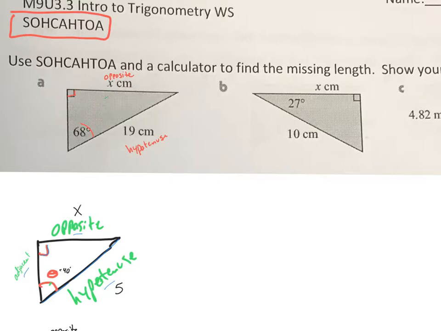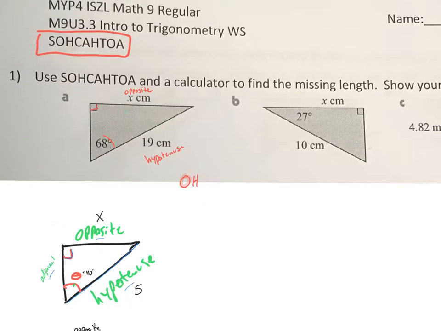So we have the opposite and the hypotenuse, and if we divide the opposite by the hypotenuse, that ratio is going to be the sine. We're going to use the sine of 68. We know it's sine because we're using the acronym SOHCAHTOA, and the sine is just the opposite divided by the hypotenuse.